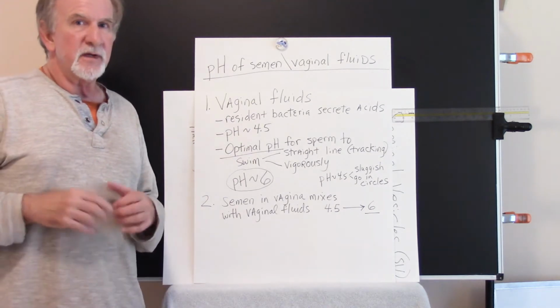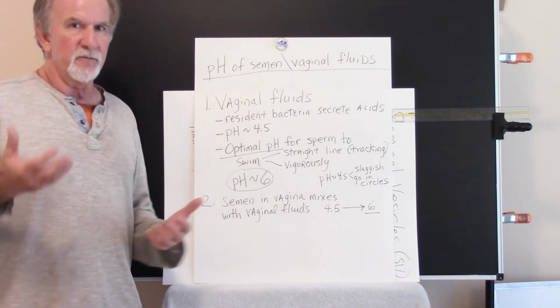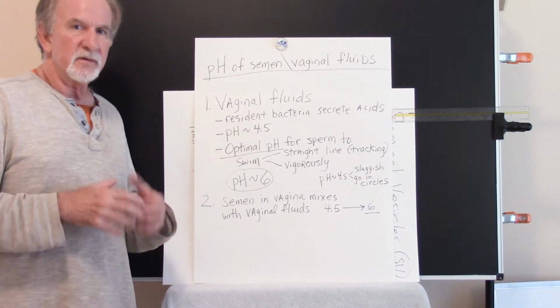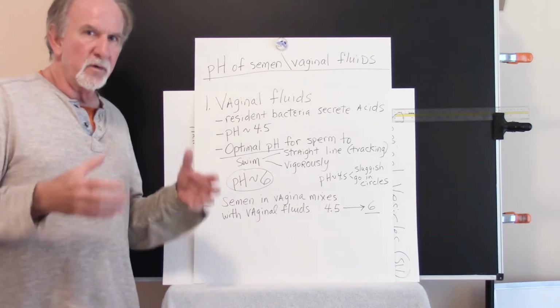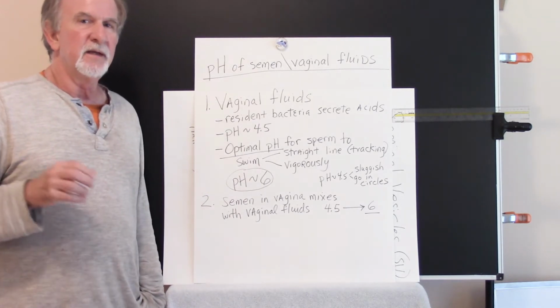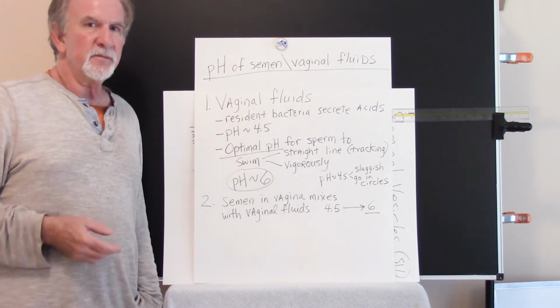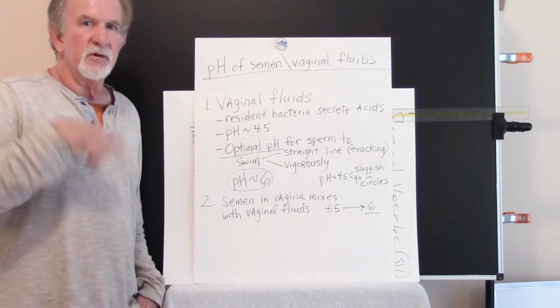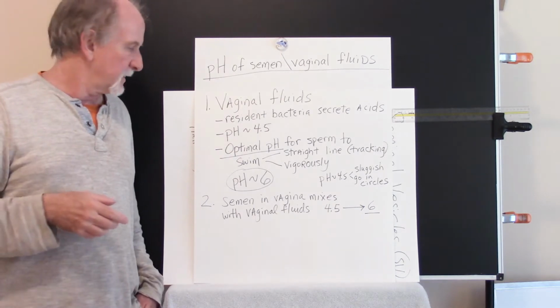That's a pH at which sperm do not swim well. So if you have a solution with a pH of around 4.5 and you put sperm cells in that solution, then you find that the sperm swim very sluggishly and often go around in circles.